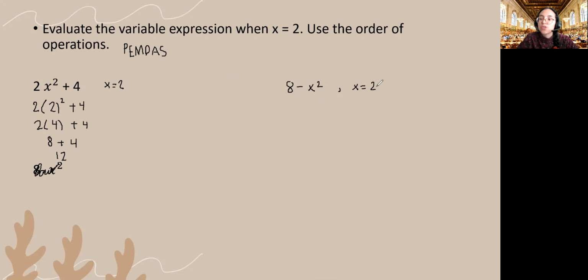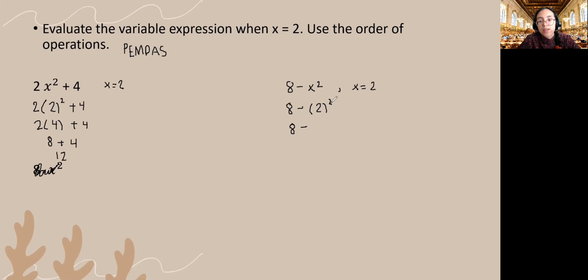Wherever I see an x, I'm going to write a 2. So I write 8 minus 2 squared. I have subtraction, and I have a power. So I'm going to look up to the PEMDAS, and I'm going to see that evaluating powers comes before subtraction. So I'm going to do 2 squared first.